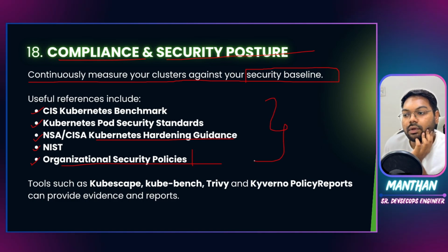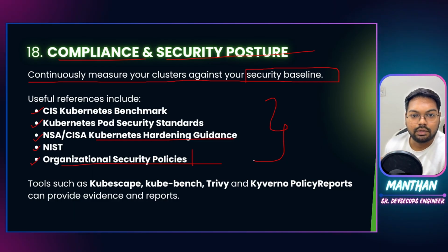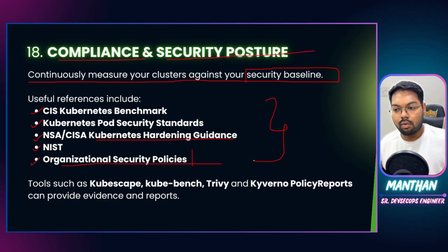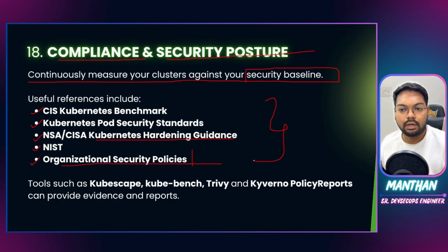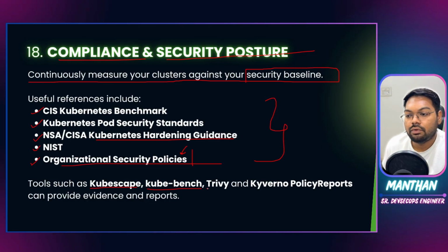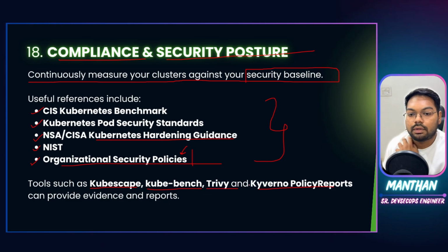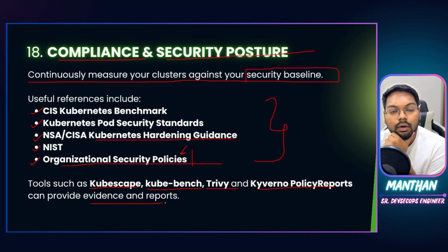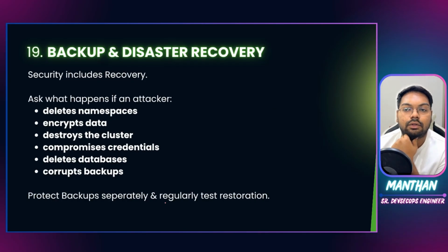So these are the references you can have, and then you can create certain security baselines, and then you need to continuously monitor whether your clusters match the security baselines or not. If they do not match, then you can always reach out to the DevOps team or the development team to make sure that it is as per the company's or the regulatory guidelines. So tools such as Kubescape, Kube-bench, Trivy, Kyverno policy reports can provide evidence and reports out of it, so that you can make sure that you are compliant and secure.